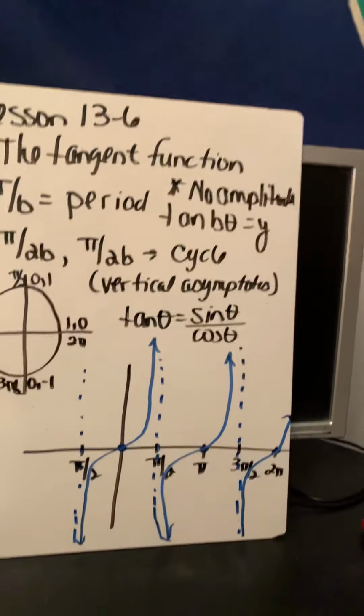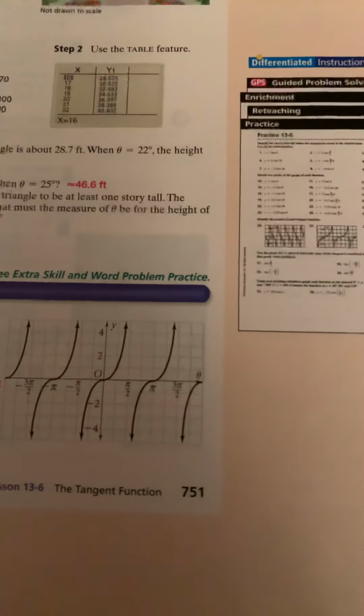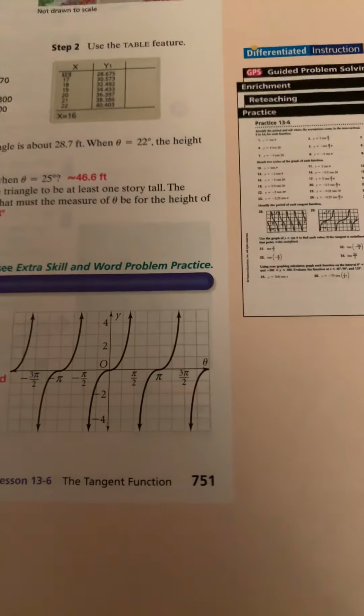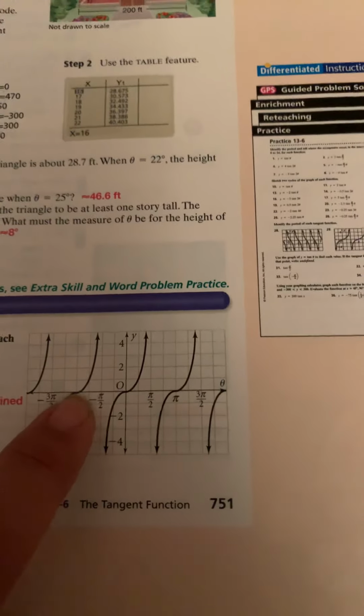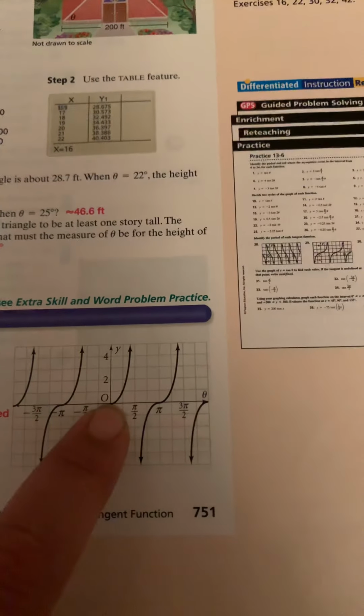Okay, so there's your tangent function. Now, when you're doing the assignment today, if we look at that problem right there, on number 1, it wants you to find the tangent of negative pi. So I'm going to come over here to negative pi. Well, where is it hitting on that y-axis? 0.